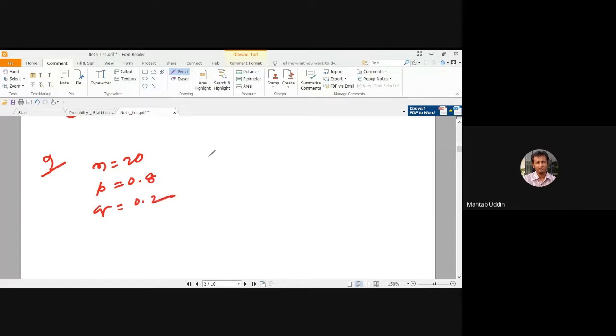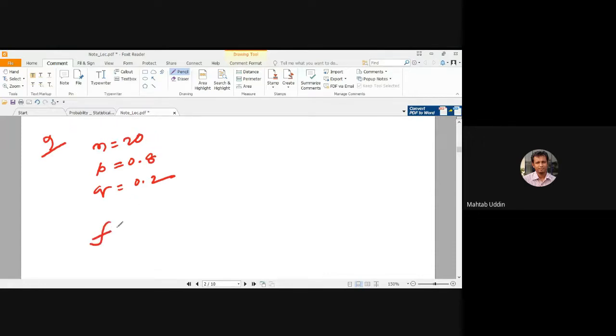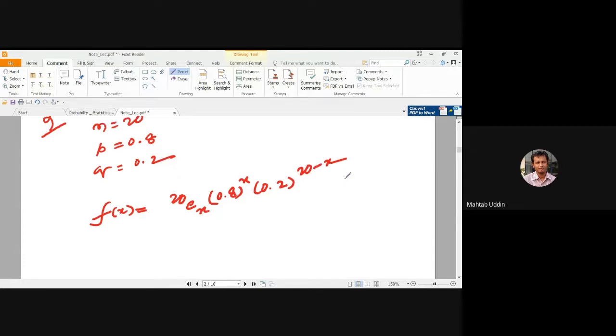The first question, how is x distributed? That is the probability mass function. Definitely they are independent. So 20Cx, 0.8 to the power x, 0.2 to the power 20 minus x is the PMF.